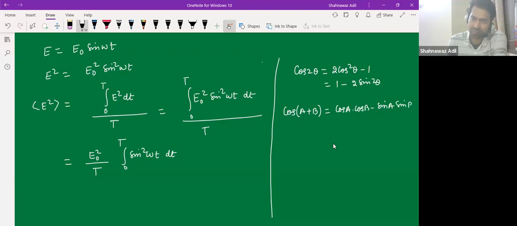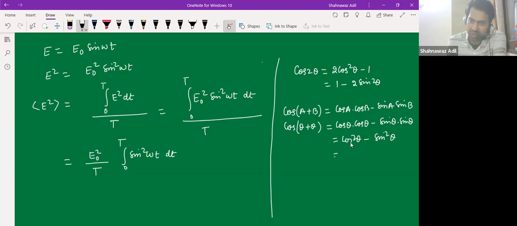And if we want to calculate 2 theta, so we can write this as theta plus theta. So A is theta, B is theta. So this would be cos theta into cos theta minus sine theta into sine theta. This is cos square theta minus sine square theta, right? So this is angle 2 theta and this is angle simply theta.